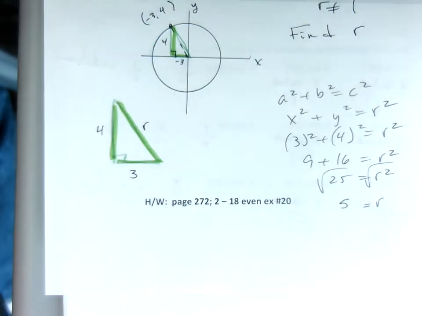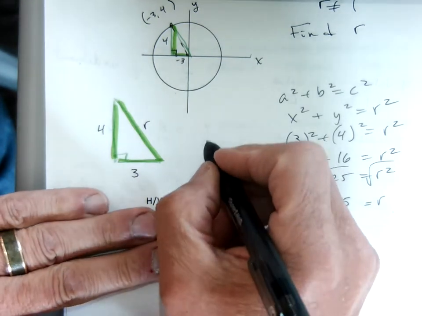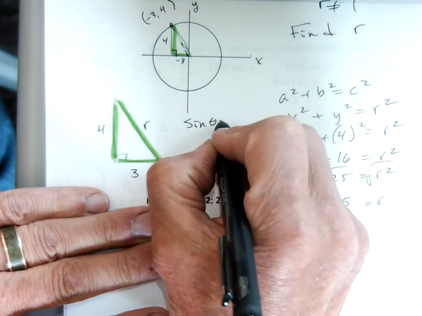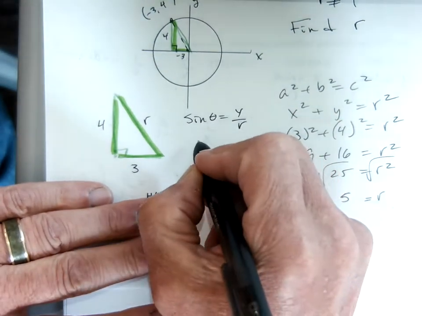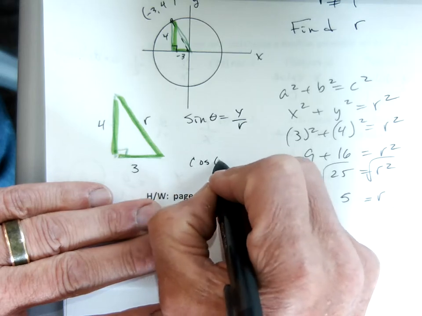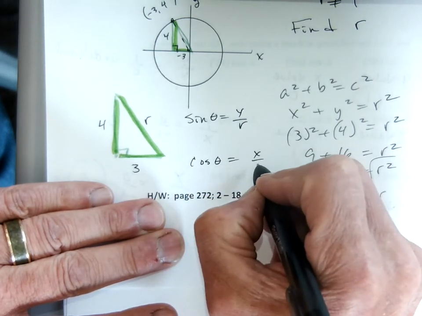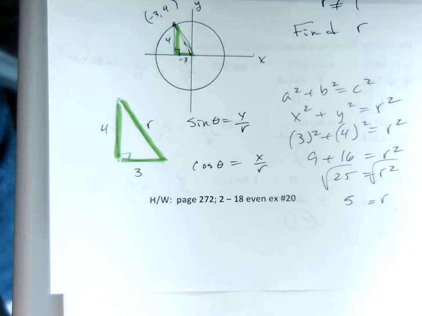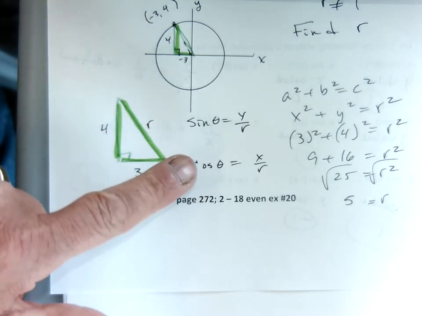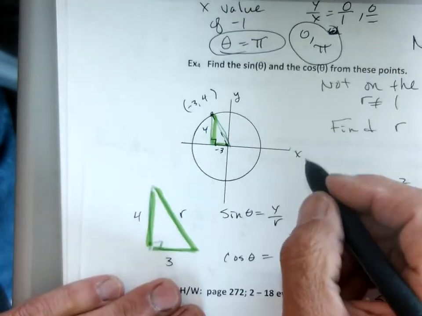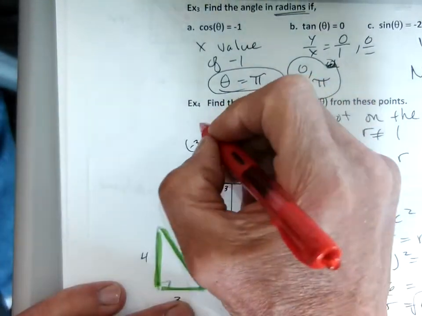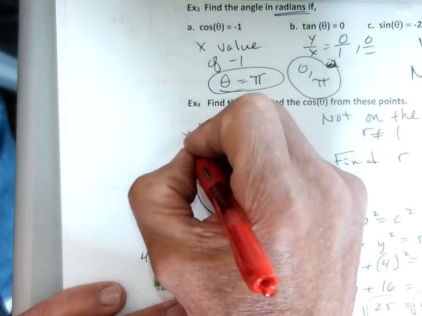Okay, well, I needed that. You know why I needed that? Because the notes I gave you today said that sine of theta is equal to y over r, and that the cosine of theta is equal to x over r, right? So we want sine of theta. My y value is 4 and my x value is 3.